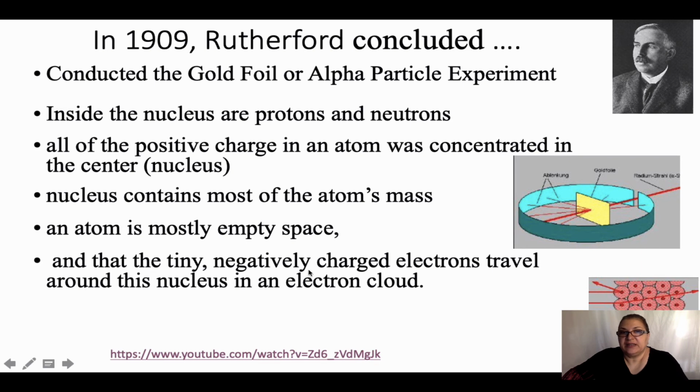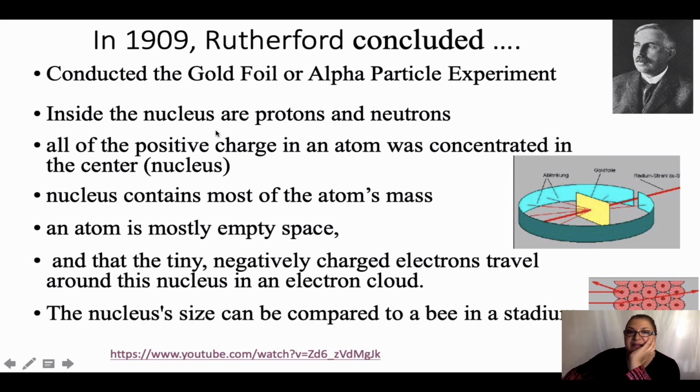The tiny negatively charged electrons travel around in a cloud. So his vision of the atom is the nucleus is positive and the electrons just revolve around it. So the center is the nucleus, electrons circle around it, not just scattered.